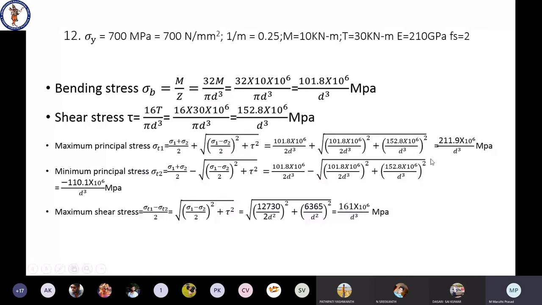So we are substituting those values in the equation. You can have maximum principal stress, minimum principal stress, and maximum shear stress. Whoever solved it already, you can verify the answers, or else you can note down.